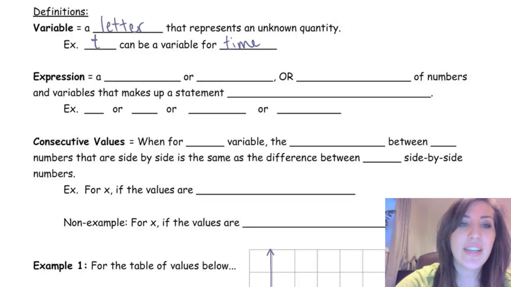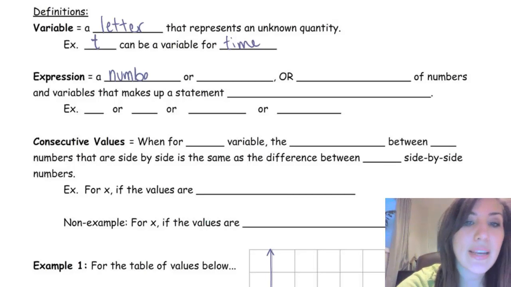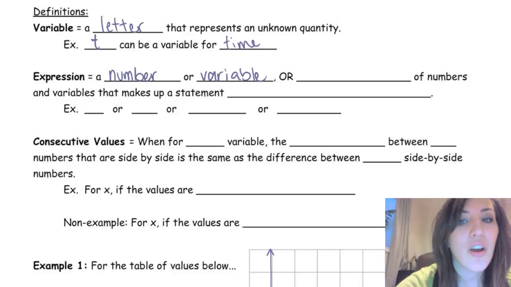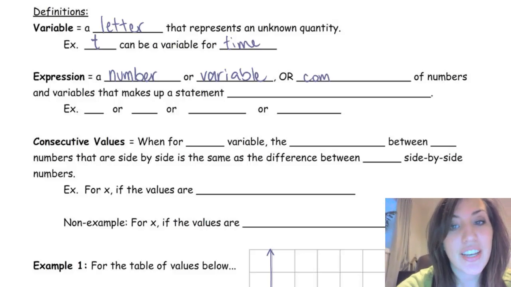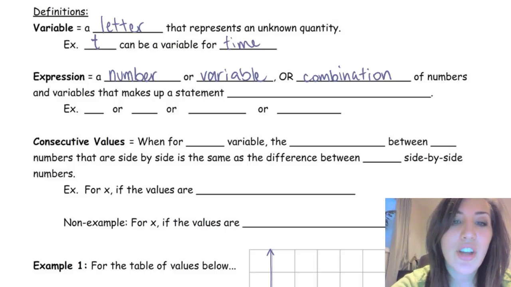An expression is a number, or it can be a variable, like a letter, or a combination of letters and numbers. And they make up a statement that is without an equal sign.